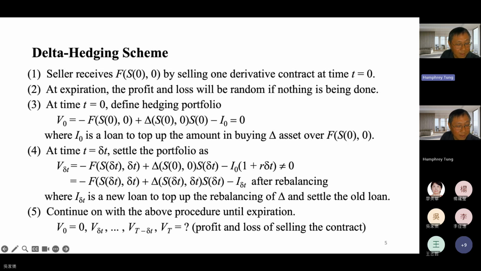What do I put for the portfolio at maturity, V capital T? At that time you cannot borrow and save. You need to settle with the buyer, so there will be profit and loss from selling this contract. Next slide.